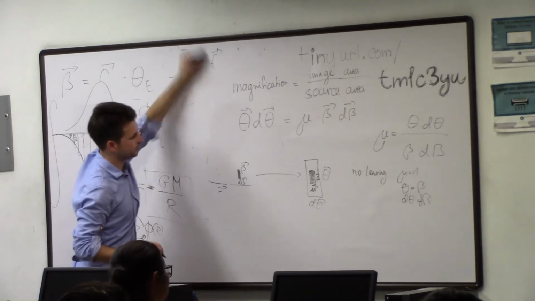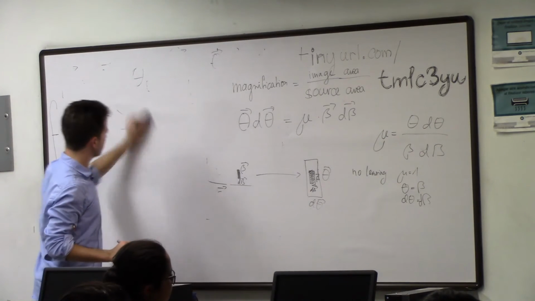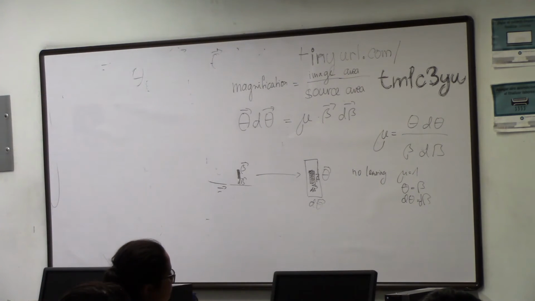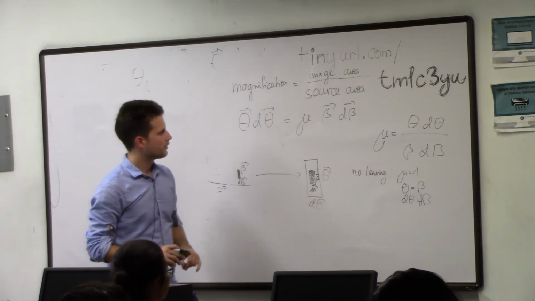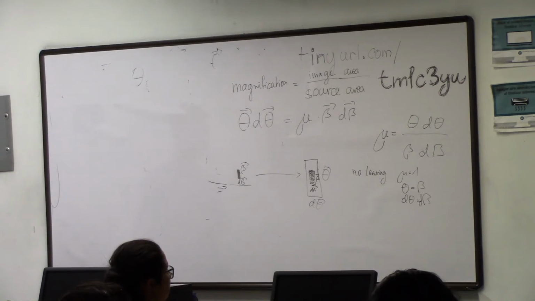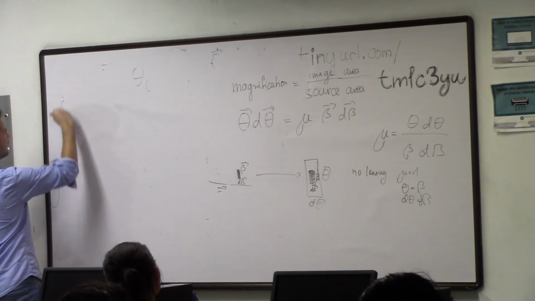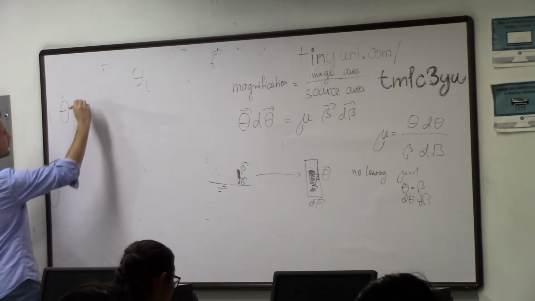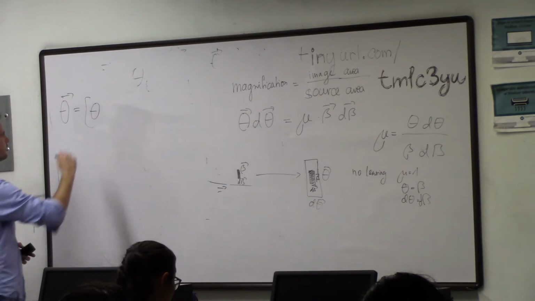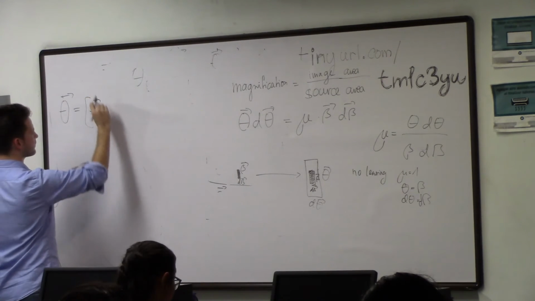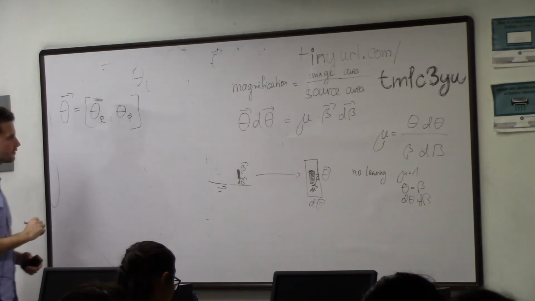And now we can consider if you expand your theta into two, so your theta is a vector. Now it's expanded into two components. So this is the radial component and the tangential component. We are doing the cylindrical coordinates.